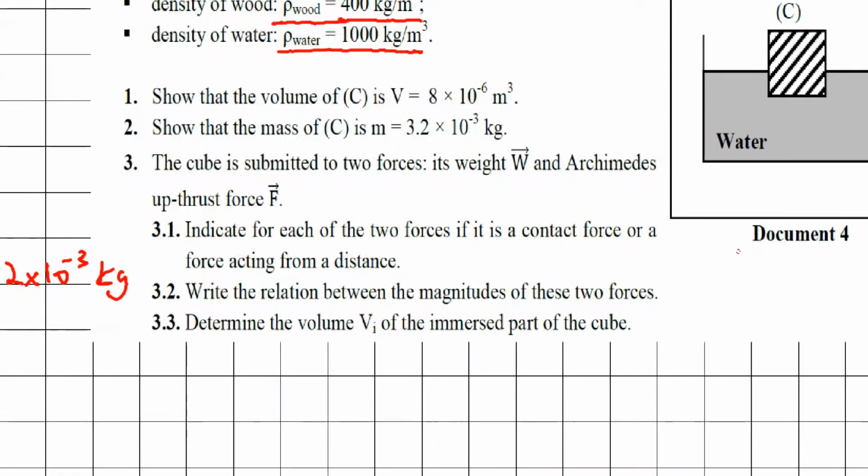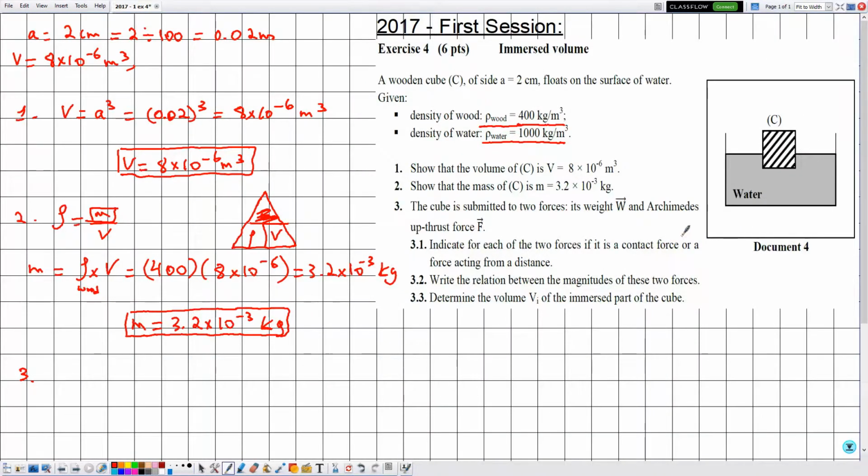Now in 3.1, indicate for each of the two forces if it's a contact force or a force acting from a distance, knowing that the only forces that act at a distance are the weight, the electric, the magnetic. So the weight W is a force classified as acting from a distance.